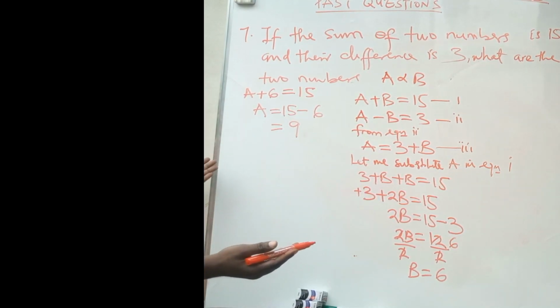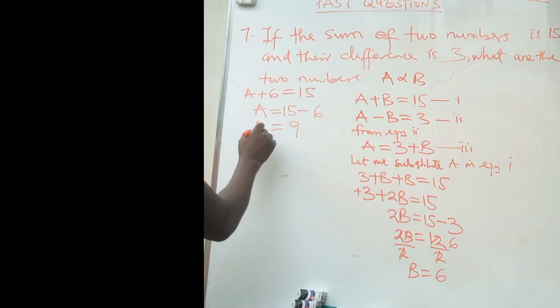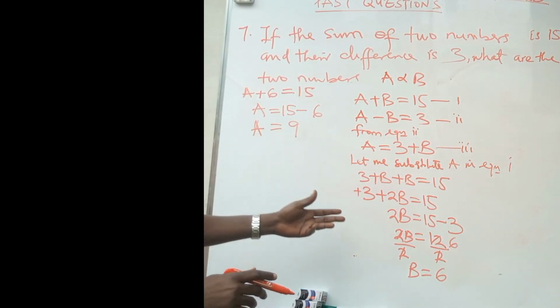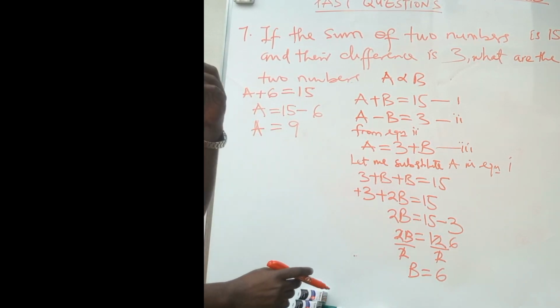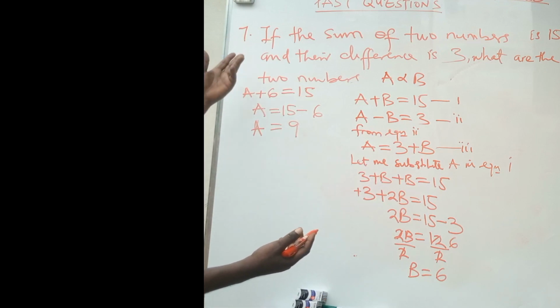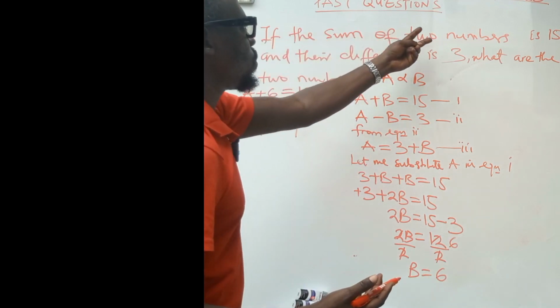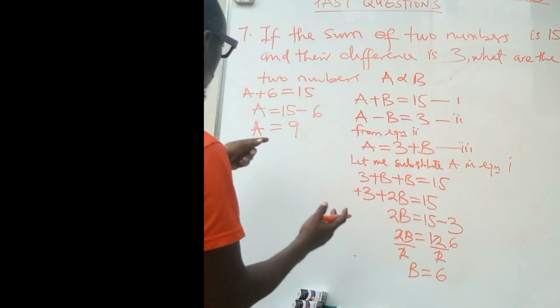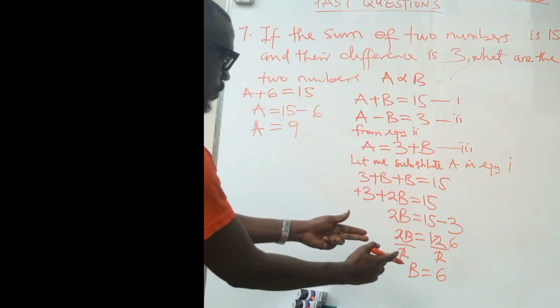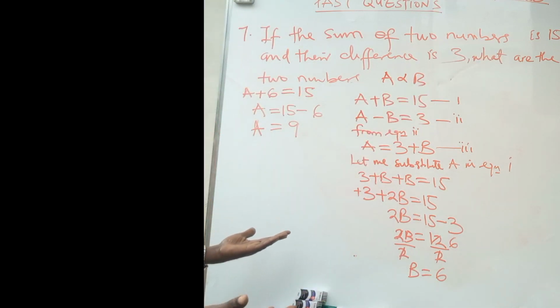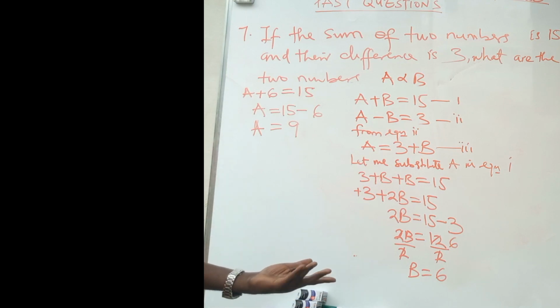So the two figures are 9 and 6. And if you want to check, you can check. The sum of A and B is 15, but when you subtract it, 9 minus 6 is 3. So we are right. Thank you very much.